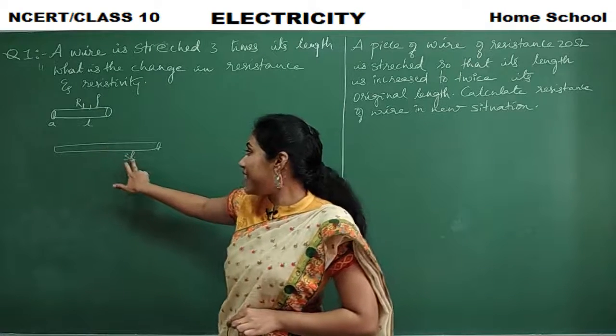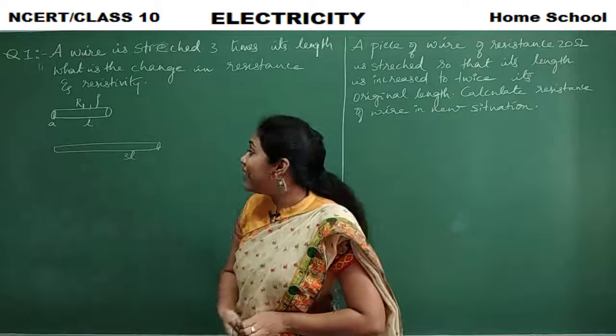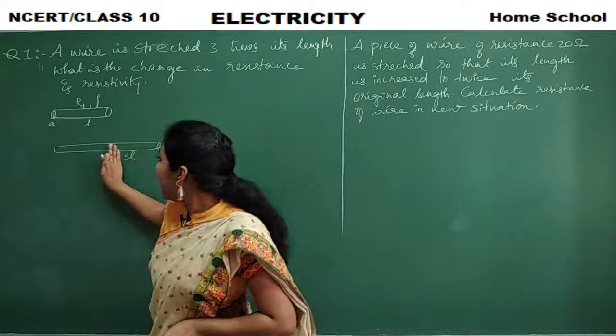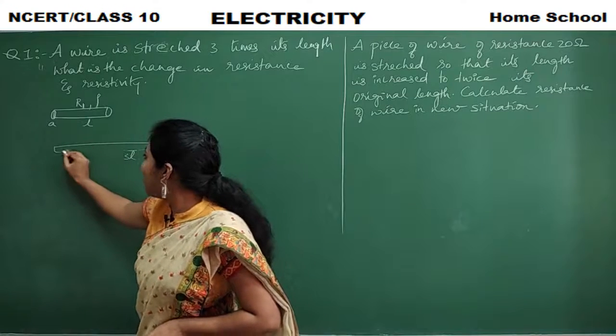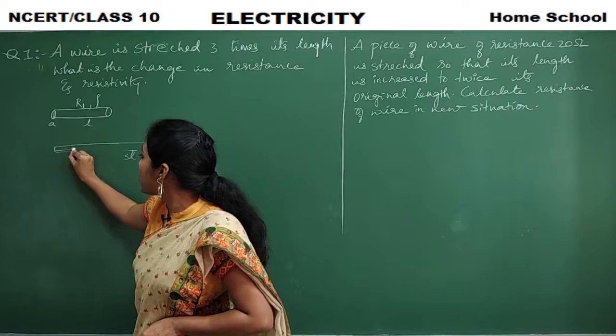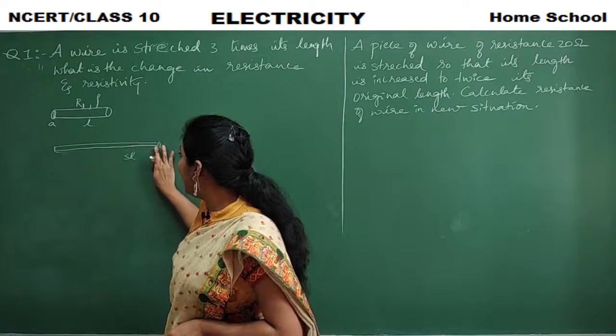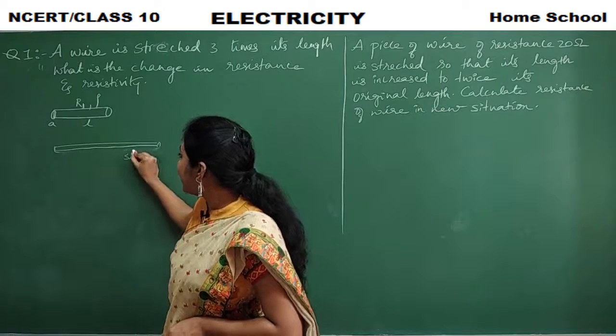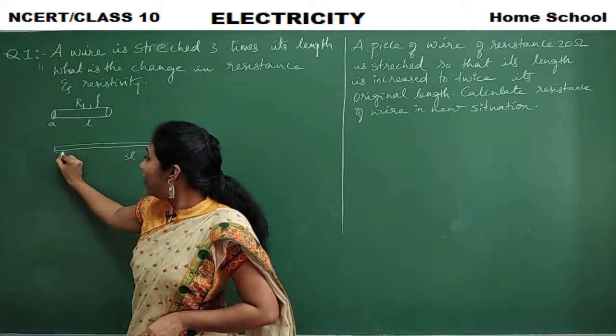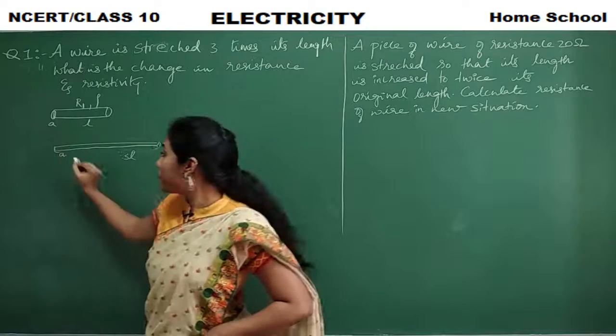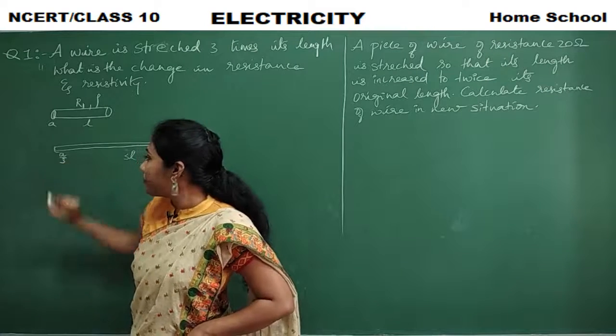When length is increasing by 3 times, our area, say actually I have drawn it here as a fatter wire, right? The moment you stretch it, the wire would become much thinner. So length is 3L. Our area will decrease by 3 times, so it is A by 3.